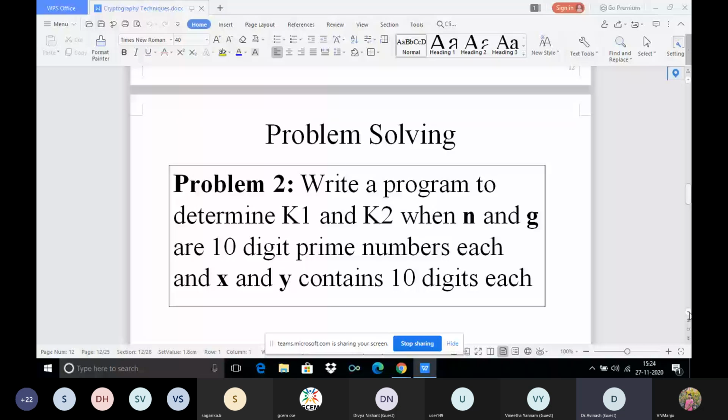This is a practical program where the students can generate their own keys, that is key 1 and key 2, based on a random number, when N and G are 10 digit prime numbers and X and Y contain 10 digits each.